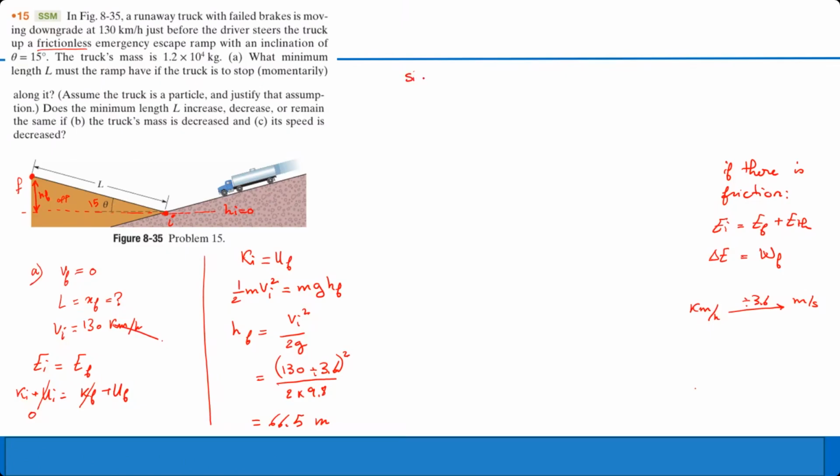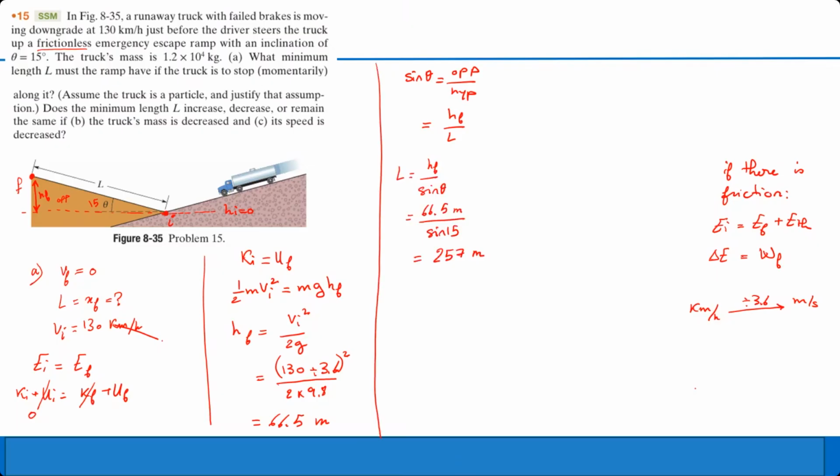So I'll take sine theta equals opposite over hypotenuse, which is going to be HF over L. What I want is L, so L will be HF over sine theta, which is 66.5 meters divided by sine 15. I will solve this. You will get 257 meters. This is the length of the ramp itself. So here, part A is solved.